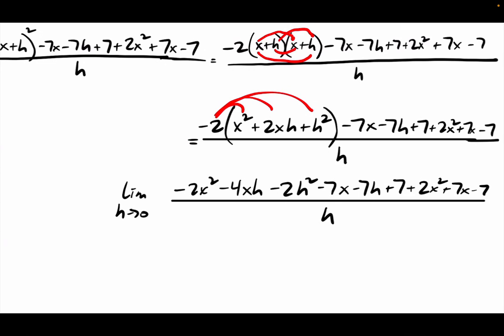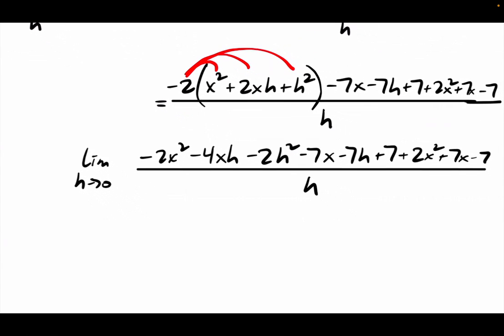Finally done with all the parentheses. There's no more parentheses, which is good. Now I can start canceling things out, right? So let's look at the top. I have a negative 2x squared, and then I also have a positive 2x squared, right? They're opposite, so they cancel out. Negative 7x and a positive 7x.